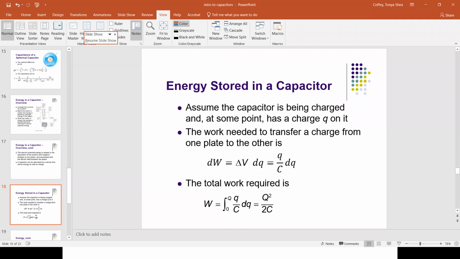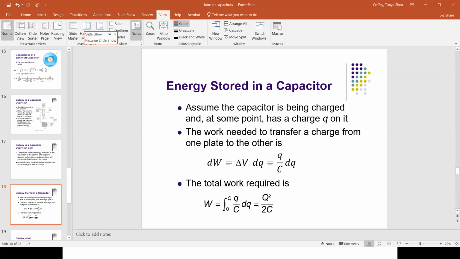And remember that your potential energy and your electric potential or voltage are related to one another via the potential energy being equal to Q times the voltage, where Q is the charge. And so if we're going to write that down, then I could write that the little differential of the work needed to move around would be my voltage, delta V, times my little dq of charge that I'm moving.